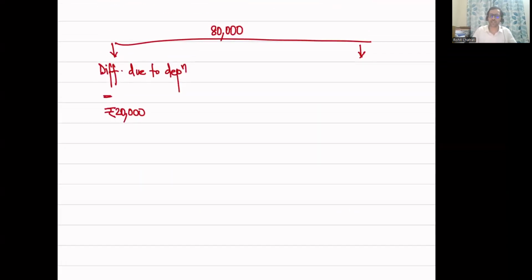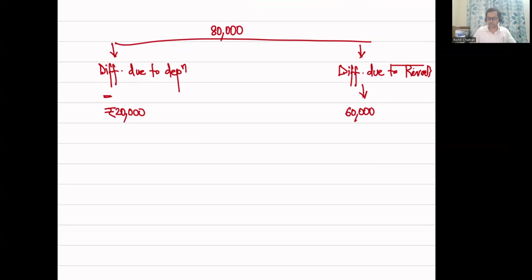So that is the first portion: 20,000, which is the difference due to depreciation. The second difference is due to revaluation, where I have the remaining 60,000 of difference.